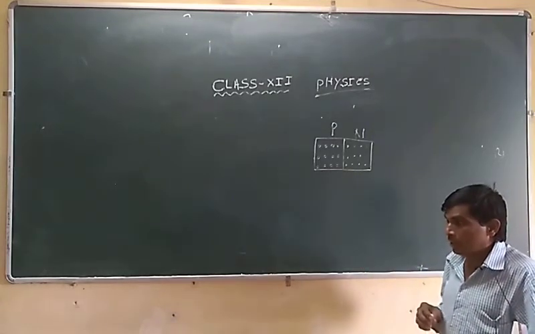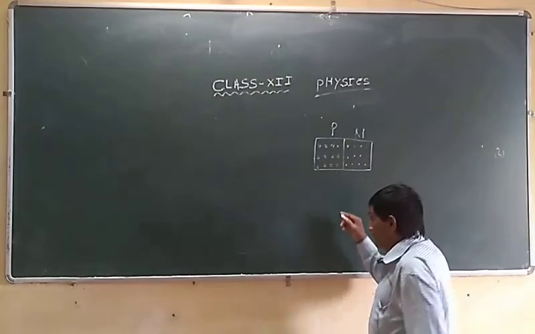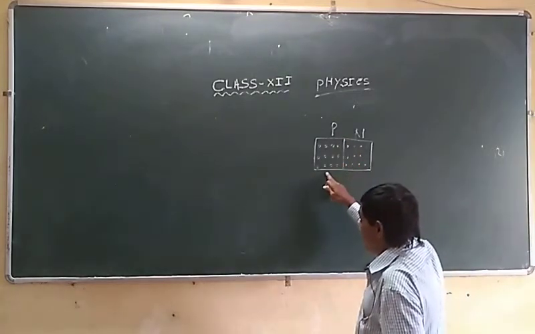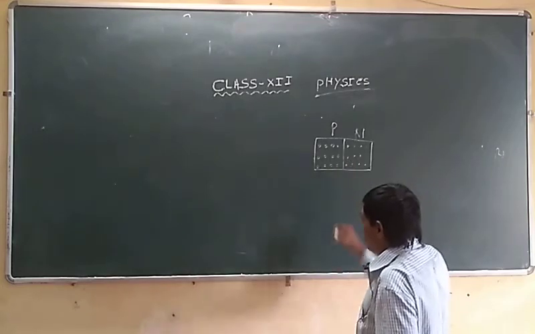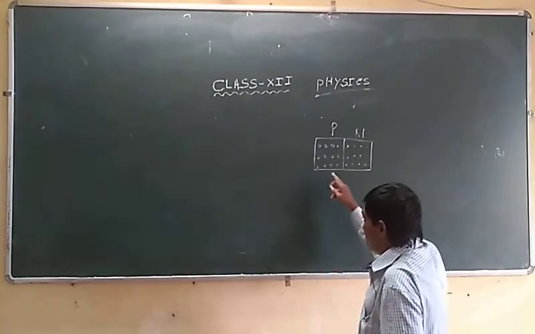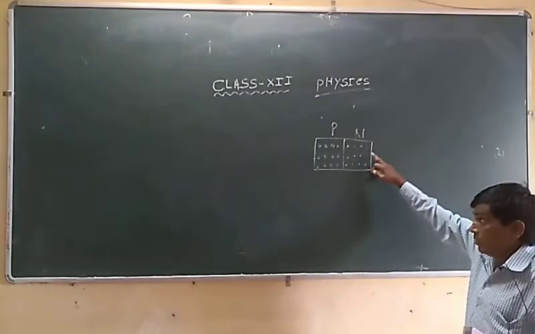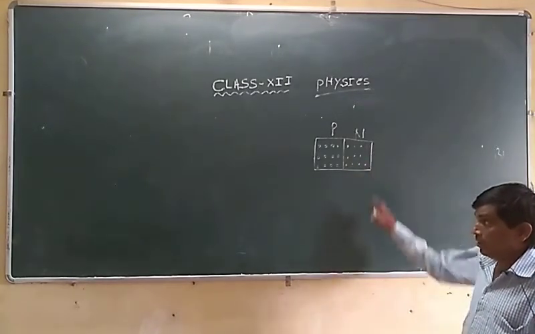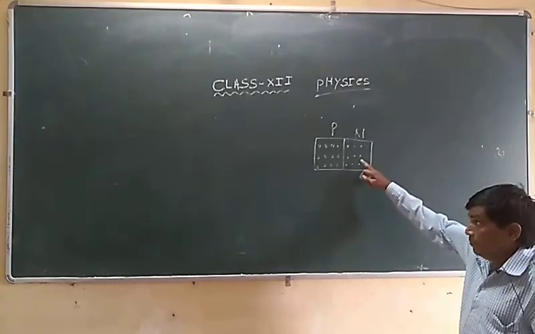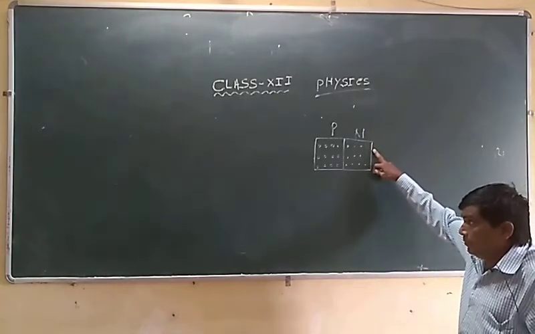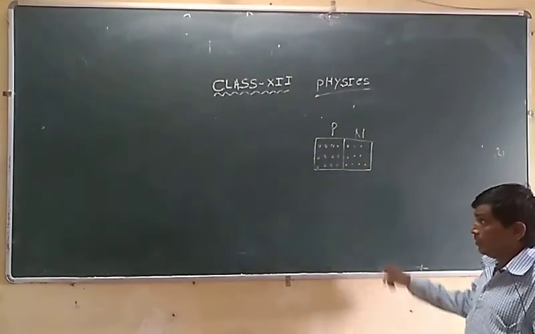In a PN junction diode, the P-type semiconductor contains holes, which are the majority charge carriers, and the N-type semiconductor contains electrons, which are the majority charge carriers of N-type.